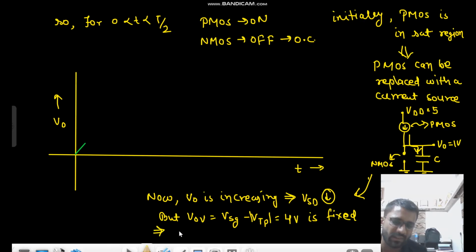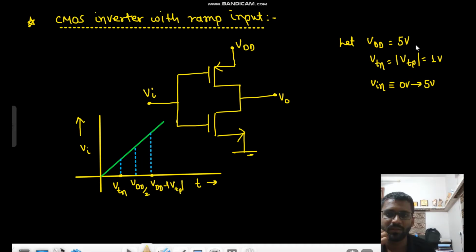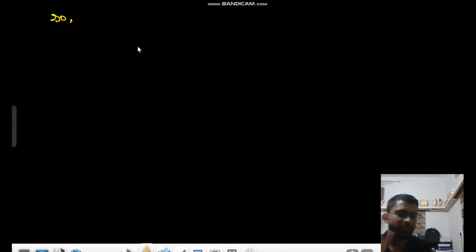That means PMOS is moving towards what? Moving towards the linear region, right? Okay, your V naught is increasing, that means your VSD is decreasing, and your V overdrive is fixed. That means it is moving towards the linear region.